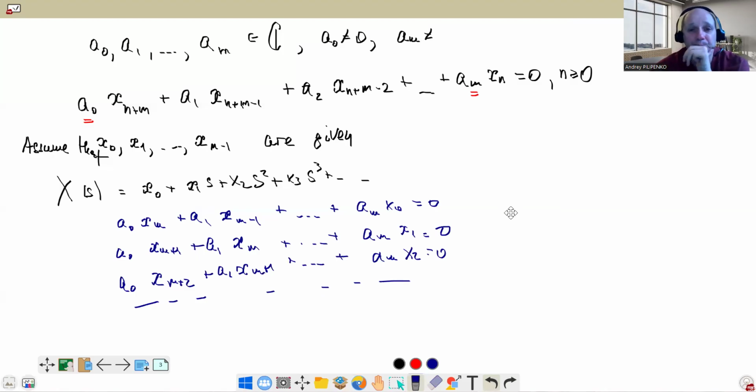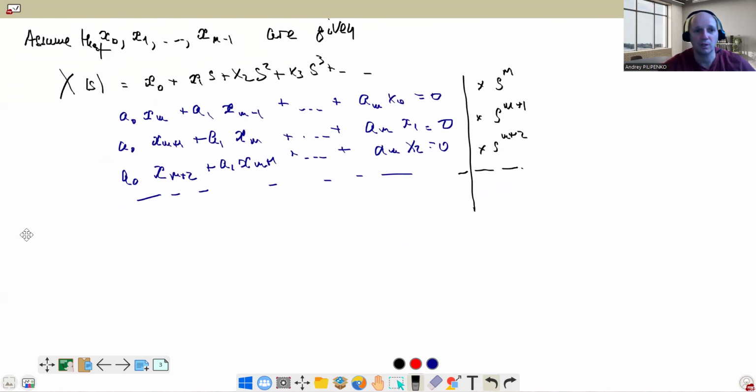And now let me multiply the first equation by s to the power m. The second I will multiply by s^{m+1}, the third by s^{m+2}, and so on. And then we sum all the equations.